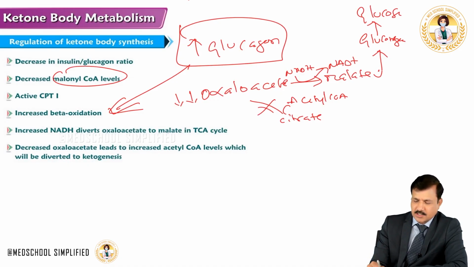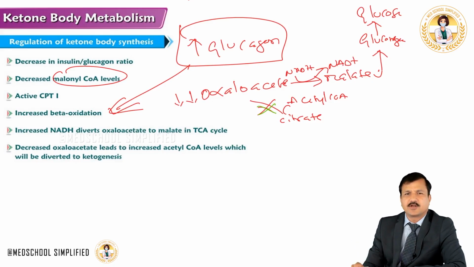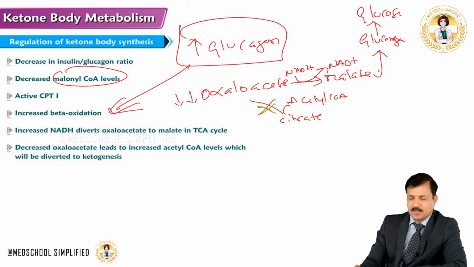That means oxaloacetate does not condense with acetyl-CoA, simply because there is less oxaloacetate there, because most of the oxaloacetate is diverted into malate to go into gluconeogenesis. So less oxaloacetate means less acetyl-CoA is condensing to make citrate.